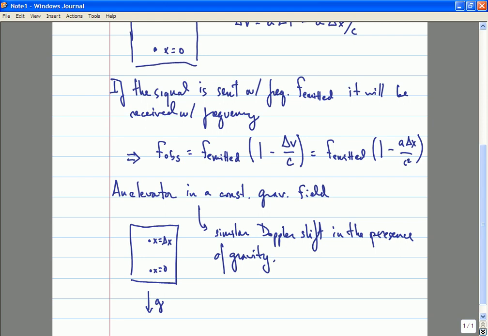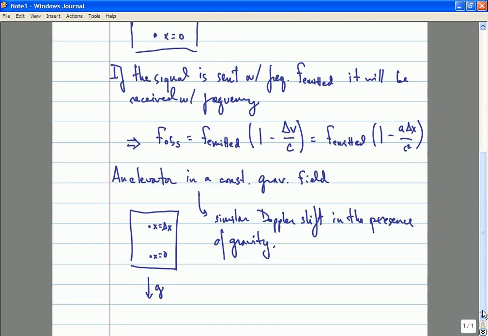So if we wish to write down a formula which describes this in terms of the gravitational field, let's just remember that for a constant gravitational force, the gravitational potential is just g times x. So this is just the statement that the gravitational potential increases linearly in the vertical direction. The potential energy of an object due to the force of gravity near the Earth's surface, where the force of gravity is effectively constant, is linear in the height.